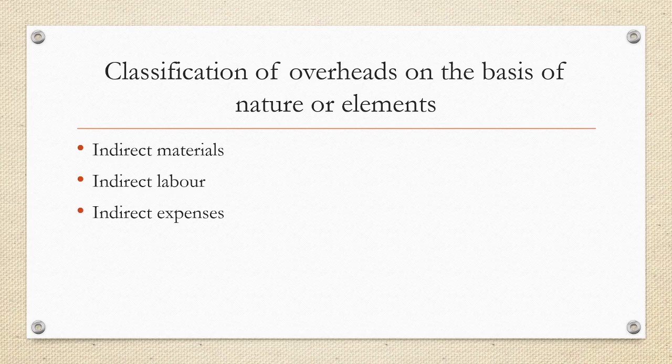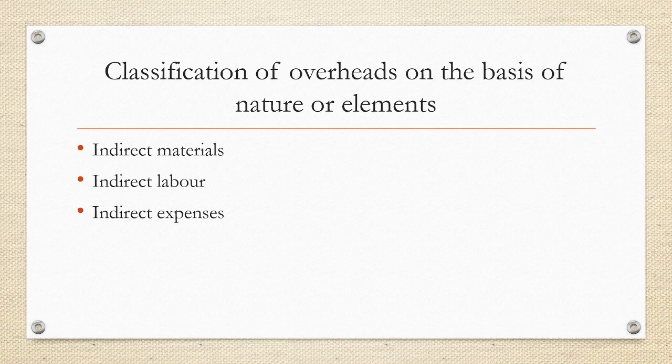And also we have indirect expenses, which are those expenses other than indirect material and indirect labor which cannot be allocated but which can be apportioned or absorbed by the cost centers. For example, the insurance or canteen expenses, power, all these items come under your indirect expenses. So on the basis of the nature or elements, the overheads can be classified into indirect materials, indirect labor and the indirect expenses.